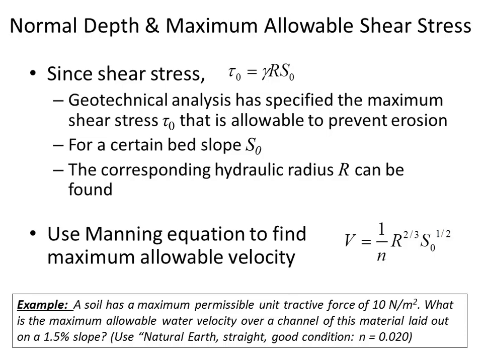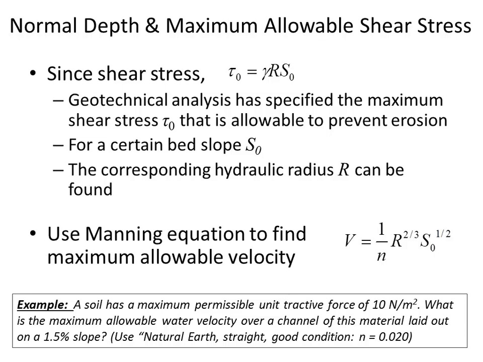So that would be one way to avoid a maximum velocity that's too high, is to simply change the slope. Another issue is that you could change the material. It may be that what's naturally there has a cohesive strength of only 10 newtons per square meter, but a channel could be reinforced with crushed concrete, something called riprap, where not only are you going to be increasing the n value because it's more rough and that'll slow down the flow, but the tractive force of riprap is probably much larger than the natural soil that would ordinarily be there under traditional conditions.